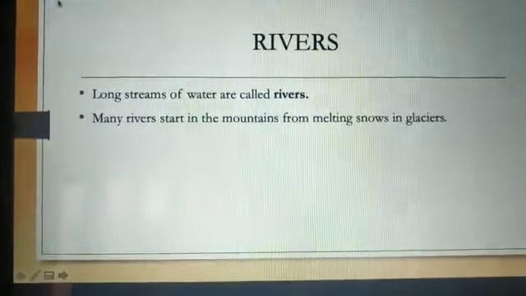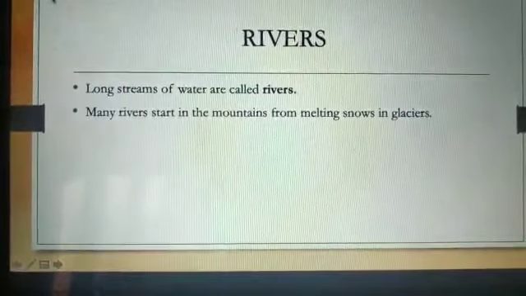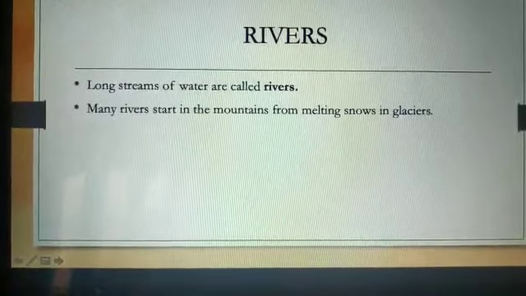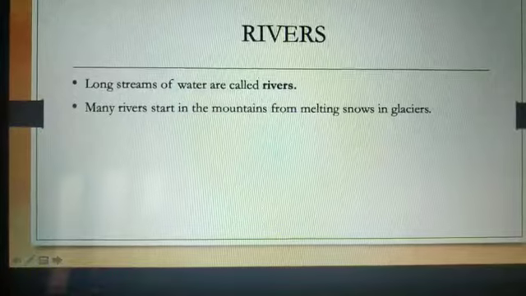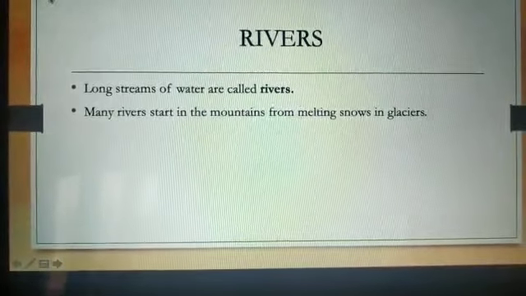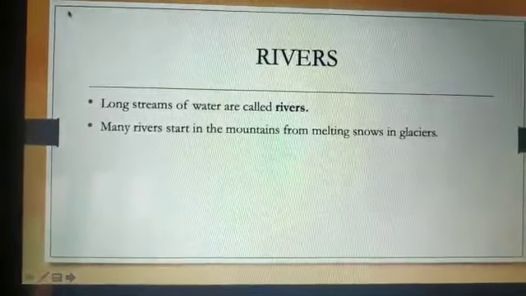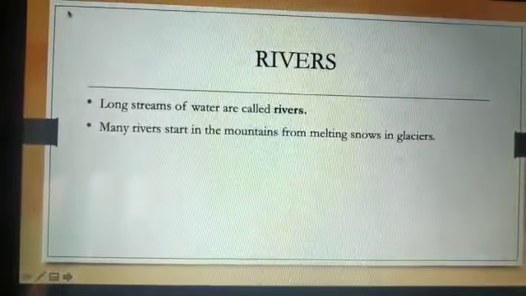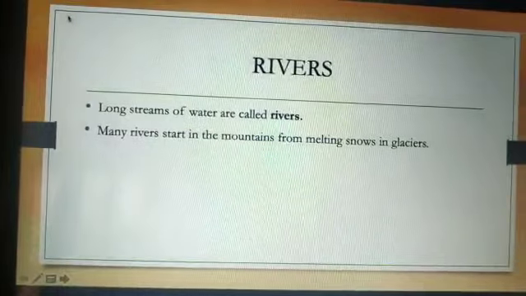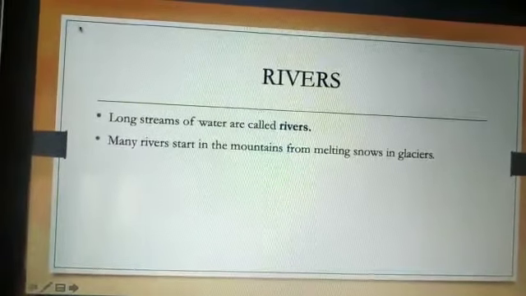Now next is rivers. What are rivers? Long streams of water are called rivers, right? Rivers means nadiyan. What do rivers do? They flow. Many rivers start in the mountains from melting snows and glaciers.